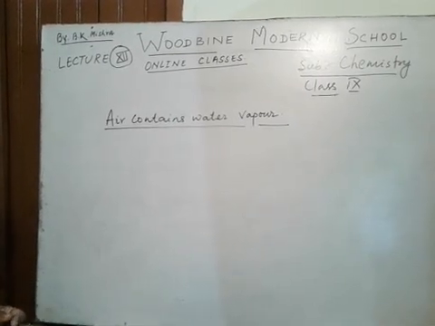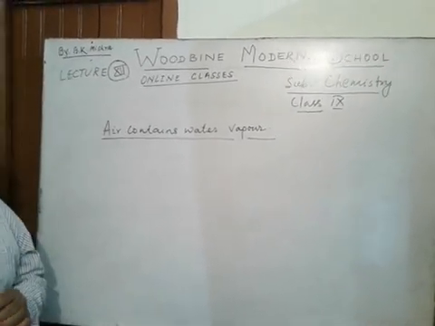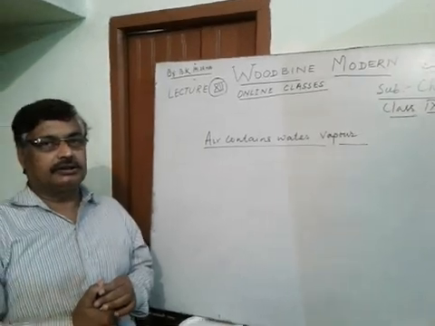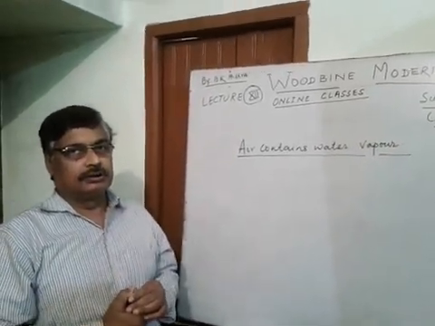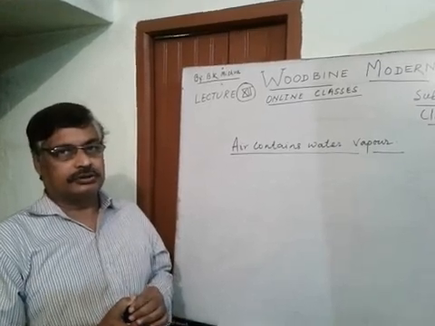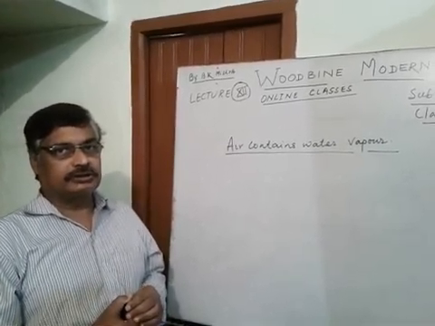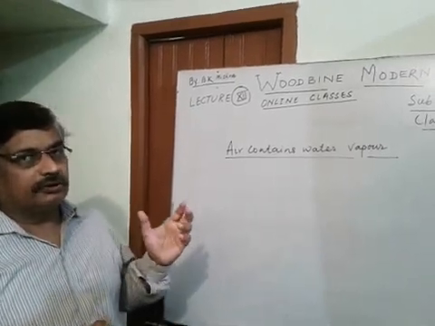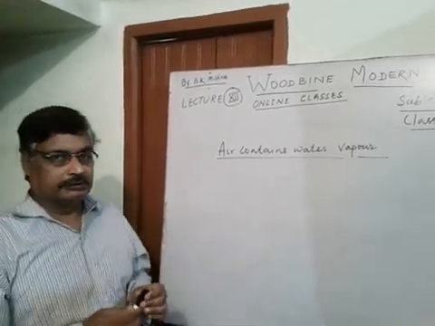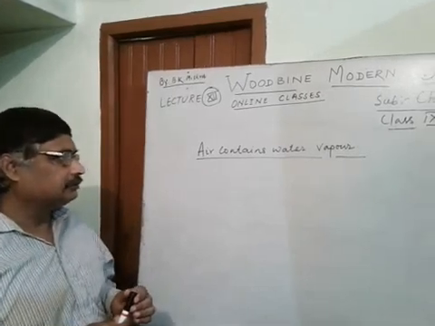Now the process of evaporation takes place all the time, and there are different sources like lakes, ponds, rivers, and other sources from which evaporation takes place. And the atmosphere or the air gets this water vapor.